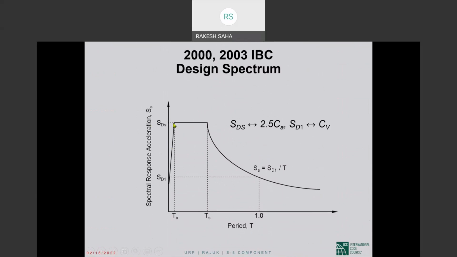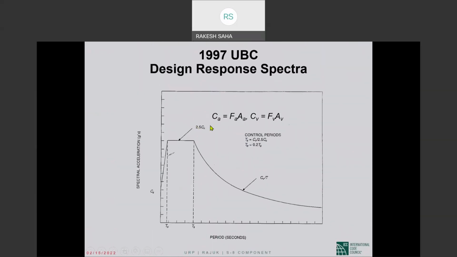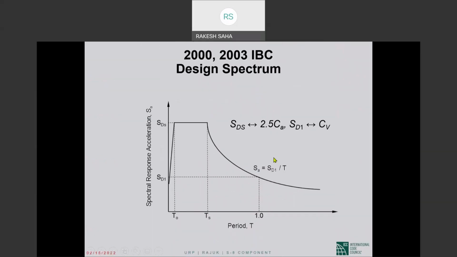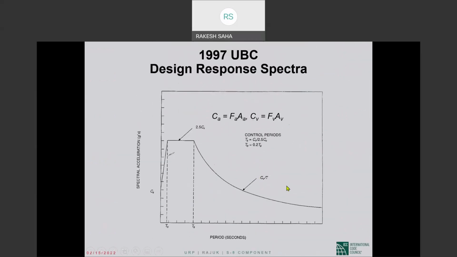The flat top, the constant acceleration part of the spectrum, is defined by S sub DS, and the descending branch by S sub D1. So S sub DS is not the same as, but corresponds to 2.5 C sub A of the UBC, and the S sub D1 corresponds to the C sub V of the UBC.